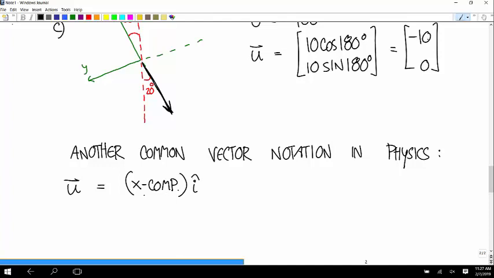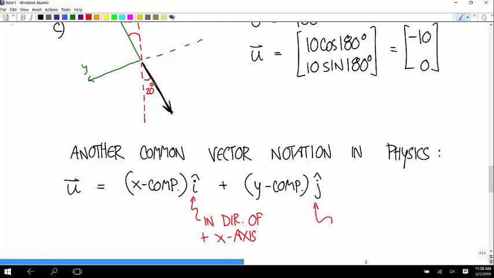That's saying that the x component is the distance you travel in the direction of the positive x-axis. That's what that i means. And then after you've done that, you add that to another vector, the number that's the y component times this vector j, with a hat over it, and that means in the direction of the y-axis.